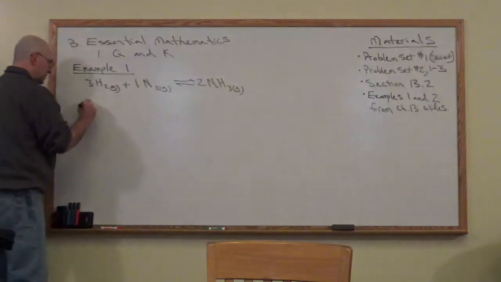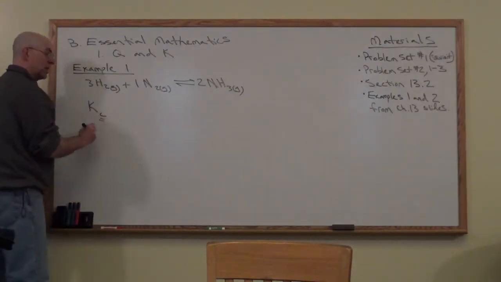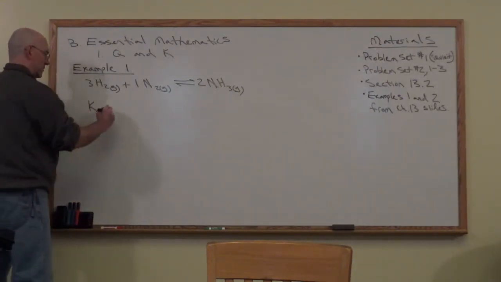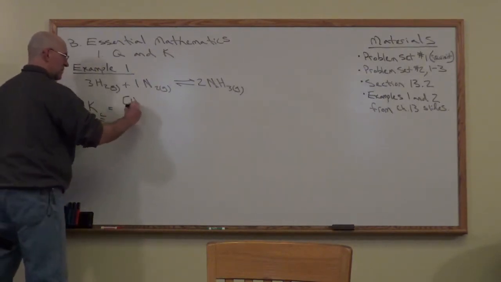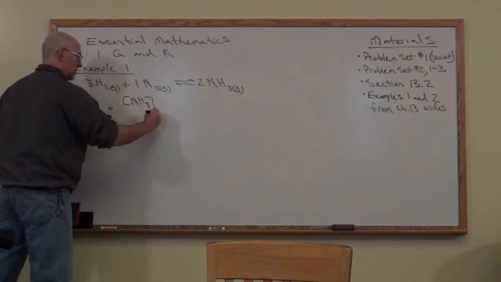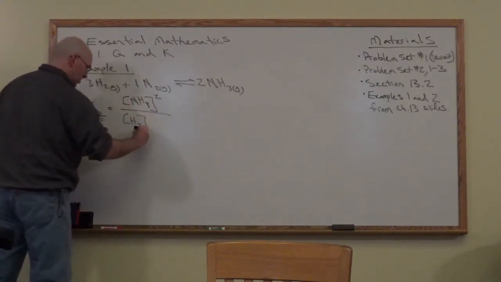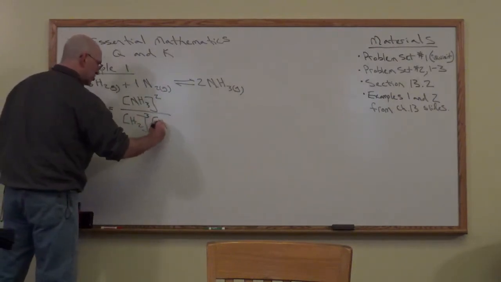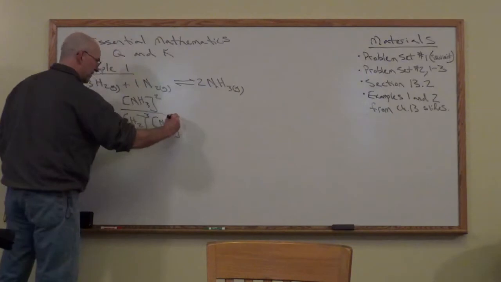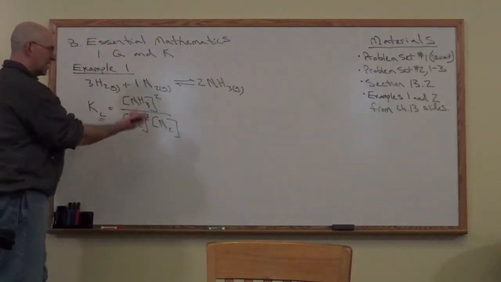So if we were going to do this in terms of Kc, concentration, molarity, it's products, so we take the ammonia concentration squared divided by the hydrogen concentration cubed times the nitrogen concentration to the first power, which I'm not going to write. And that would be the Kc expression.